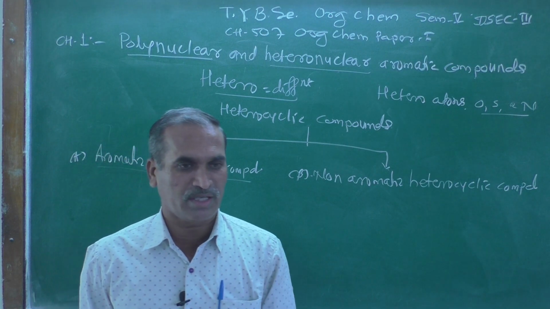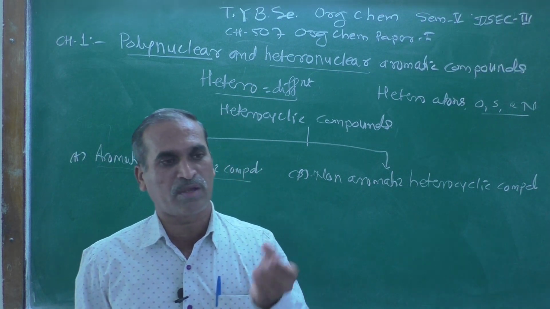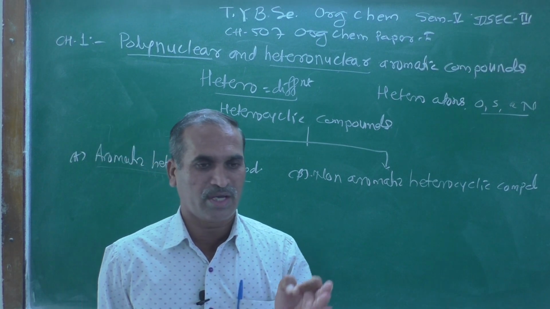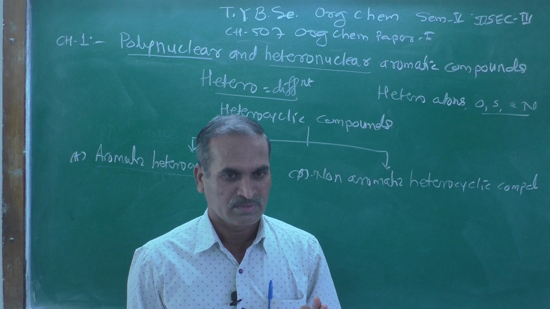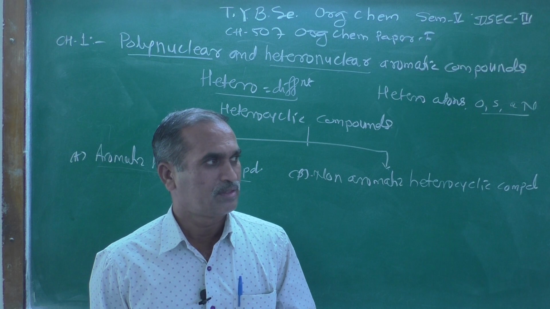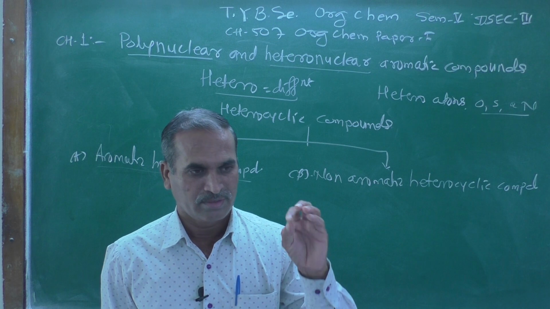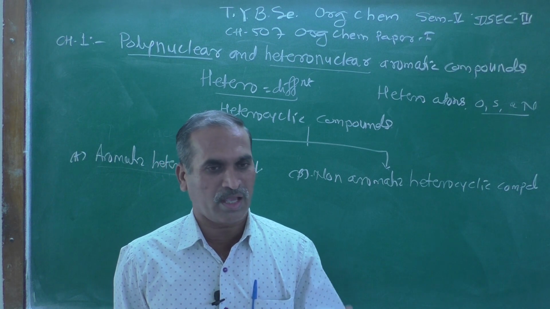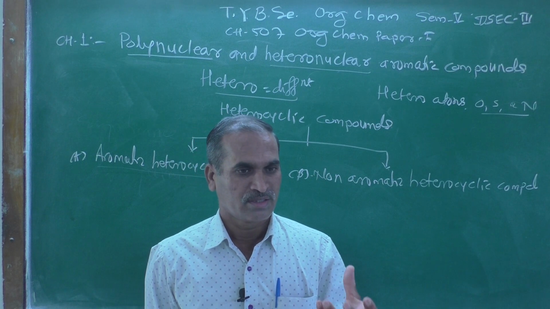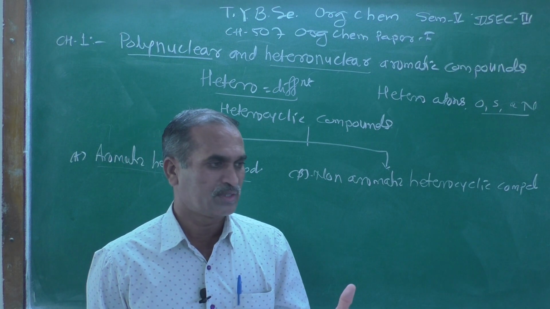And at T.Y.B.Sc there are two compounds which are aromatic polynuclear: one is naphthalene and another one is anthracene. How do we prepare anthracene and naphthalene in the laboratory? Who synthesized these organic compounds in the laboratory for the first time?